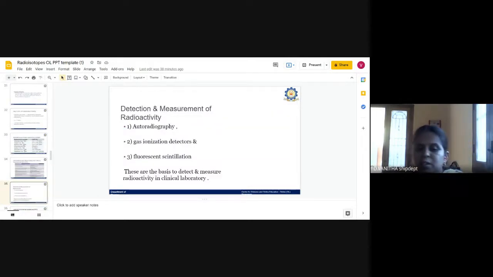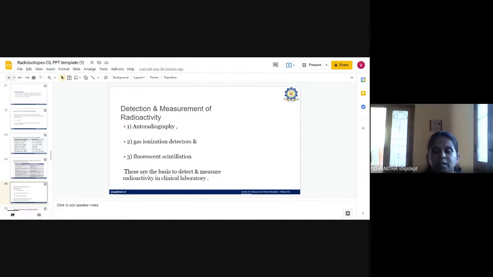So these are some uses of radioactive isotopes in different areas. It is used to detect and measure the radioactivity by using autoradiography, gas ionization detectors, fluorescent screen.